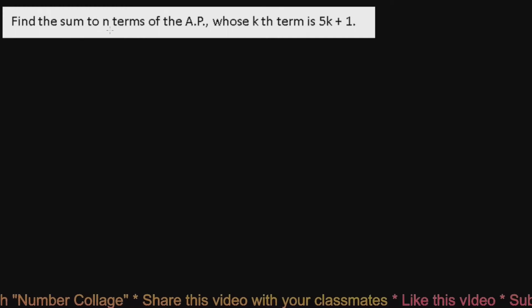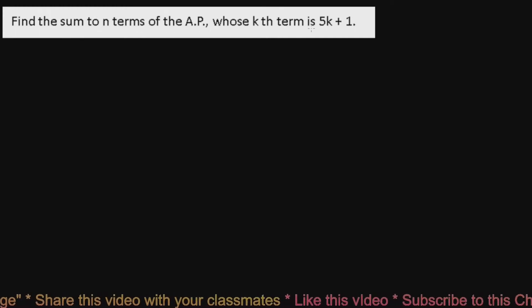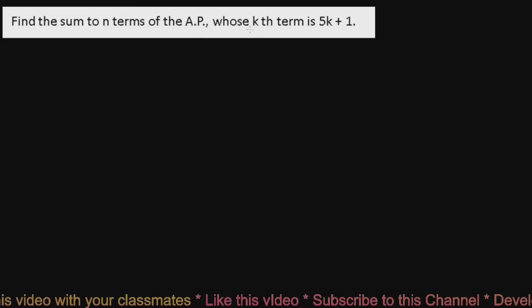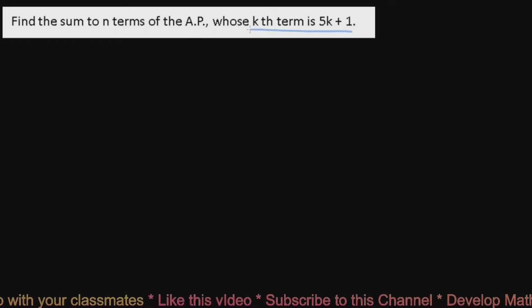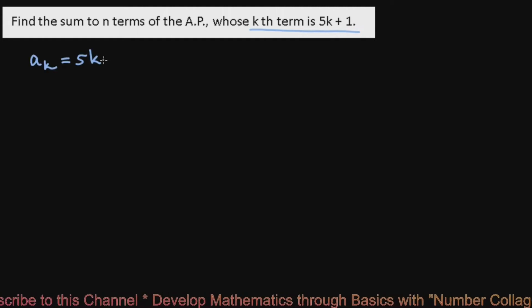Next problem is, we have to find the sum of n terms of the AP whose kth term is 5k plus 1. The kth term of the AP is 5k plus 1, which means that a_k is 5k plus 1.